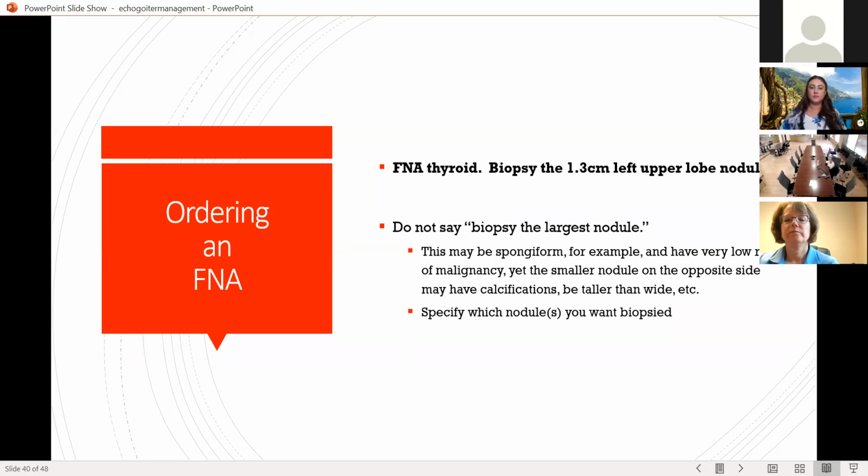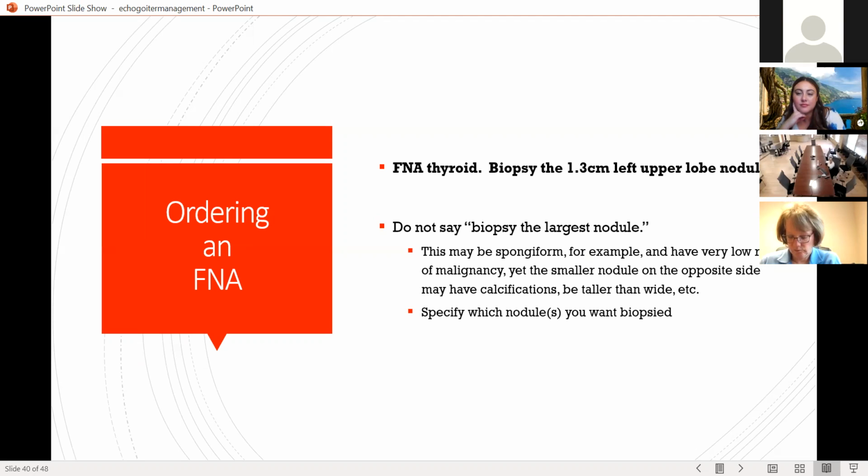Even if there are 15 other nodules in that thyroid that are bigger than 1.3 centimeters, if the 1.3 centimeter nodule has the calcifications in it, it's hypoechoic, it looks irregular, and the other ones look much more like those spongy ones I showed you on the previous picture, but they're twice as big, skip those big ones.